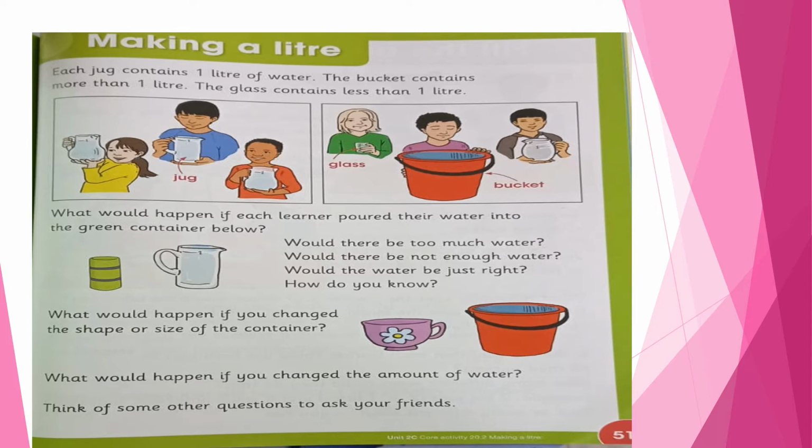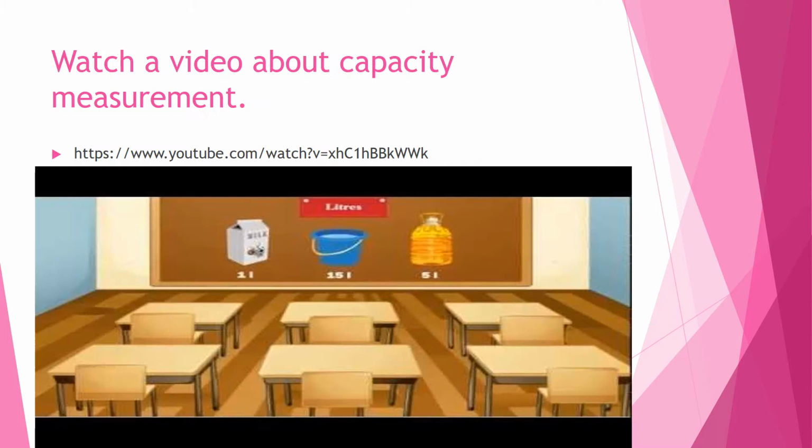And like I told us earlier, we'll be looking at milliliters and liters. Okay, and we will be able to differentiate between milliliters and liters by the end of the lesson. You could use this link to watch this video in your own private time. It's going to help you to understand better about measurements in liters and milliliters.